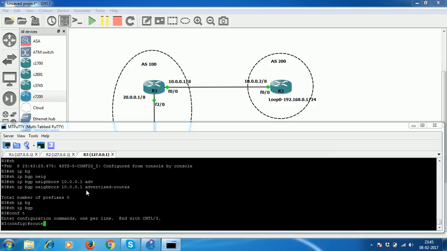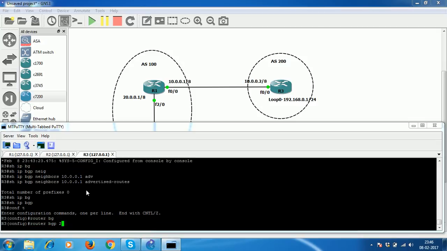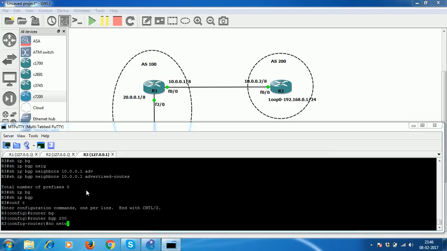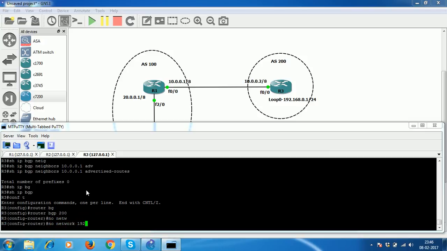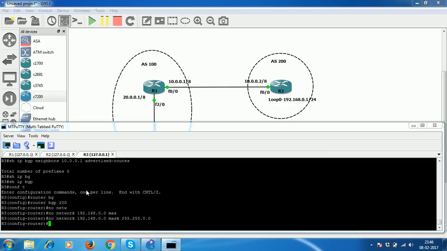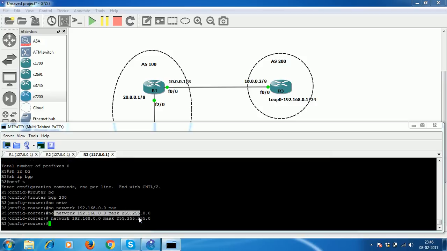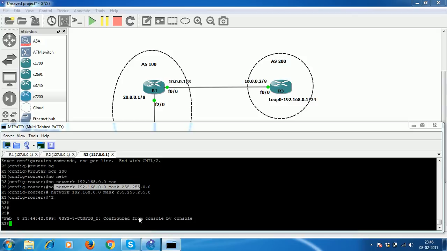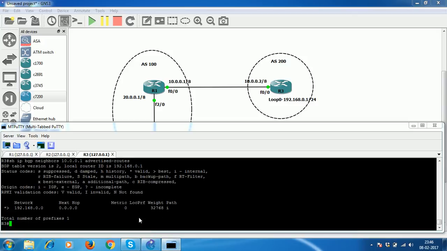So router BGP 200, no network 192. First I'm going to remove what I advertised previously, with mask 255.255.0.0. Now I'm going to advertise it newly with mask 255.255.255.0. Okay, let's verify it now.